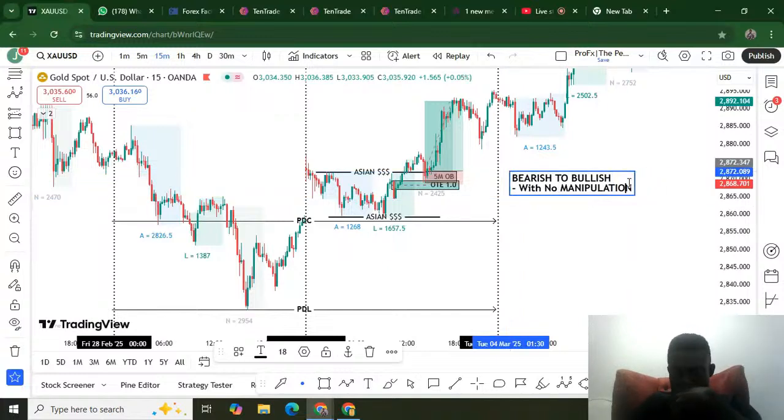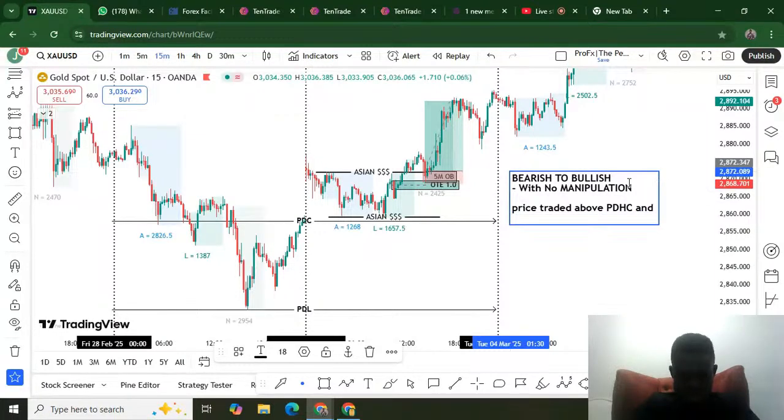Bearish to bullish with no manipulation. So what did price do? We saw price traded above PDHC and continued to distribute.